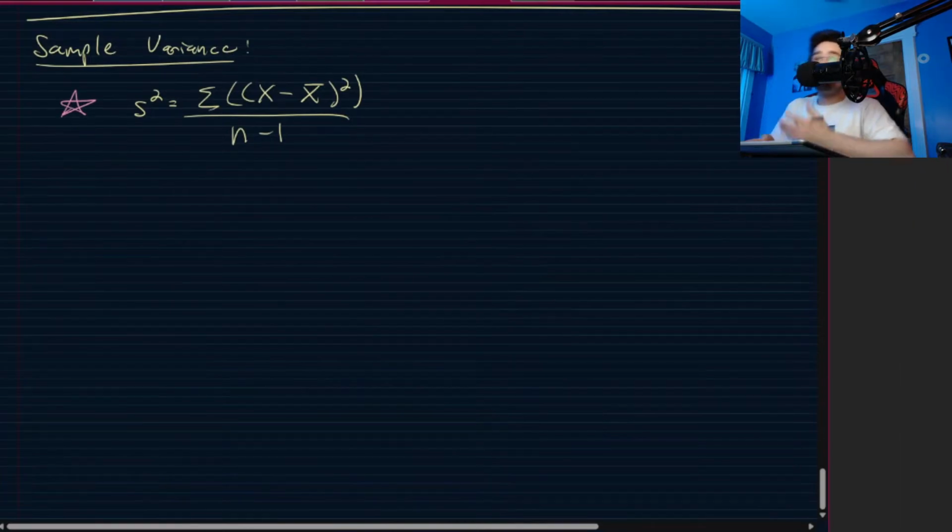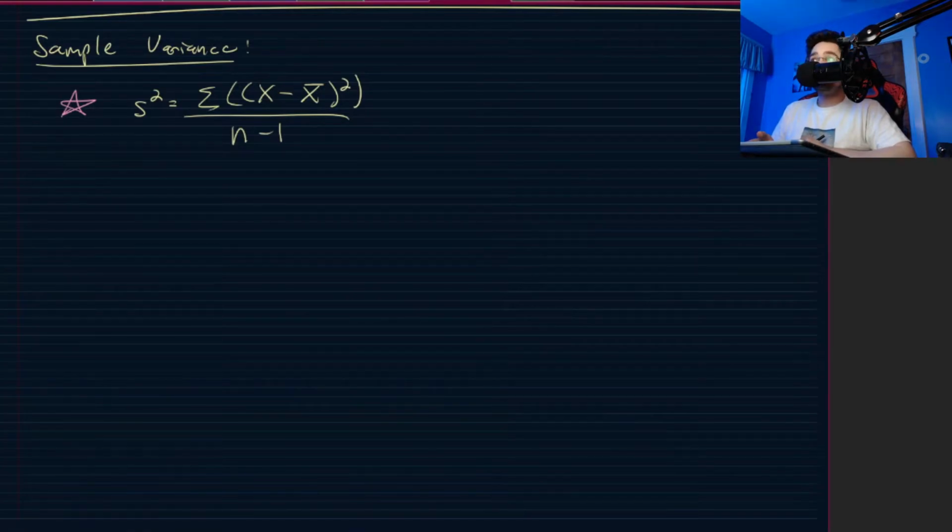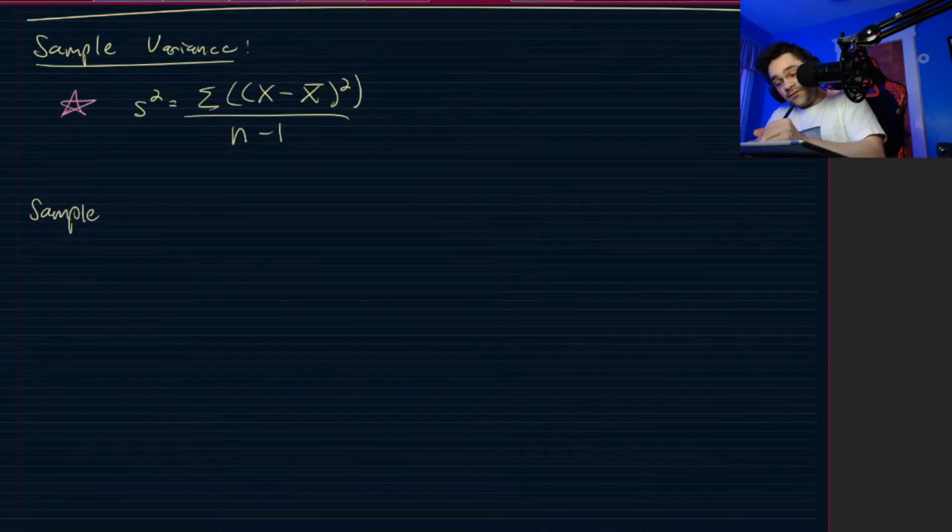So very similar to the population variance formula. You just have to replace the name of the average from mu to x bar, and the denominator, you stick a minus 1 on it. That's how I remember it, at least. And the formula for standard deviation for a sample, you might guess it.